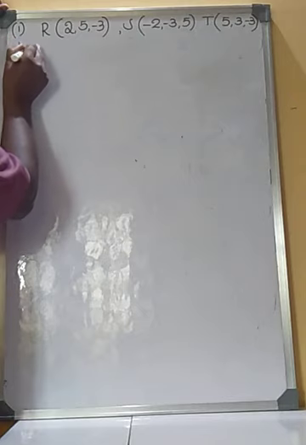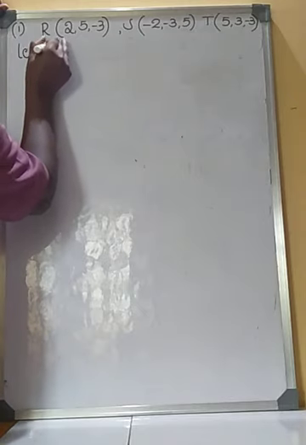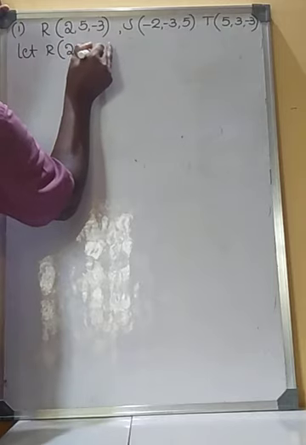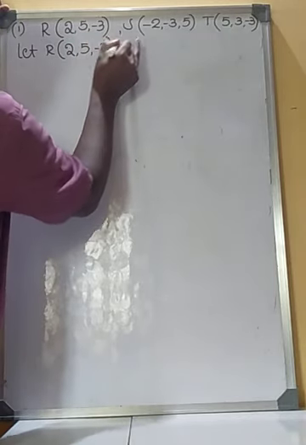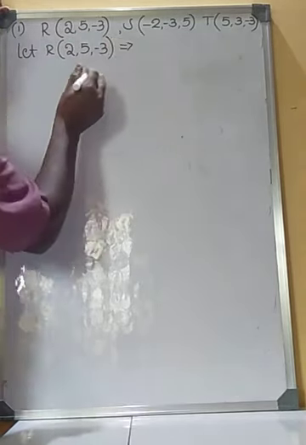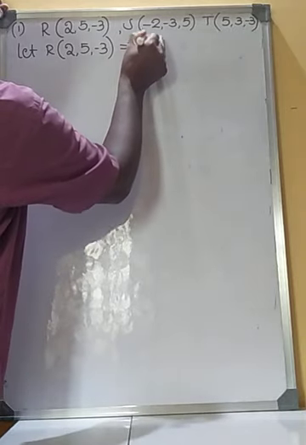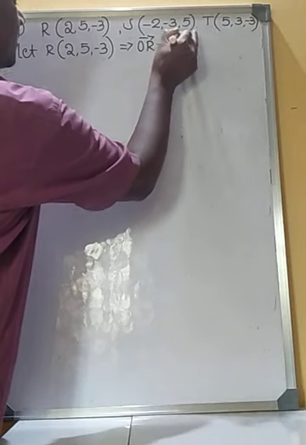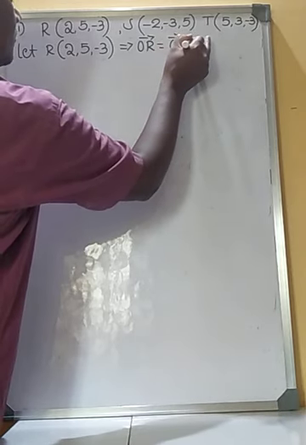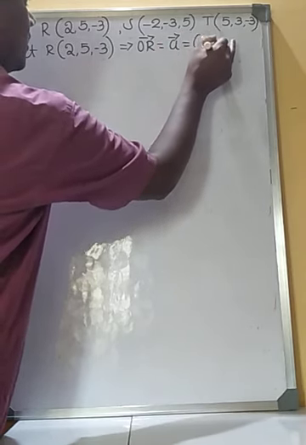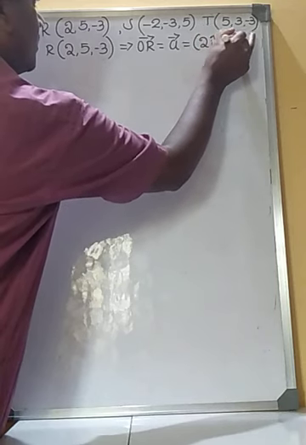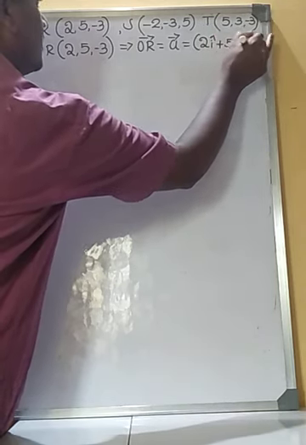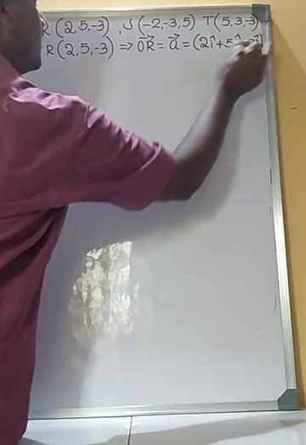Here let R point be (2, 5, -3). This implies OR vector is equal to vector A, 2i plus 5j minus 3k.